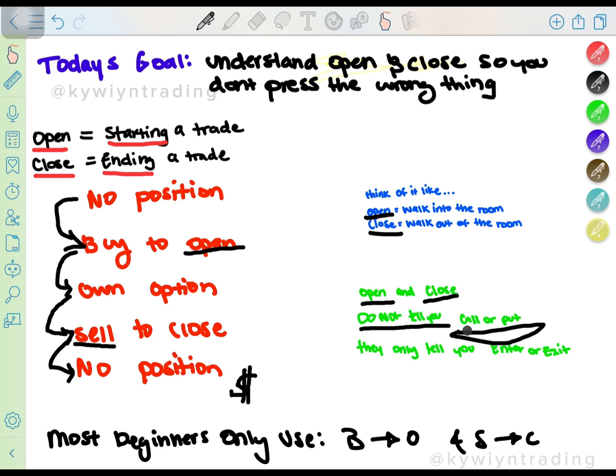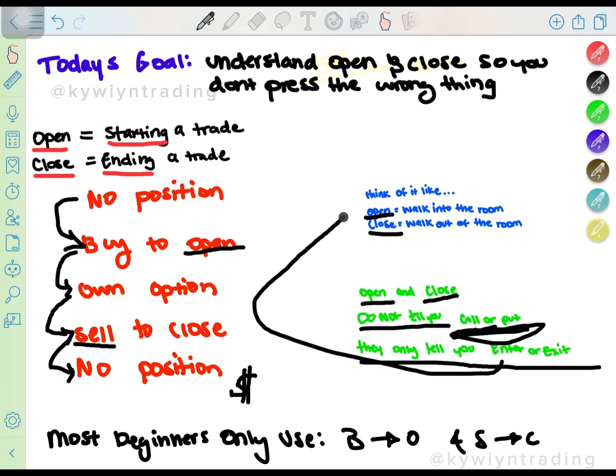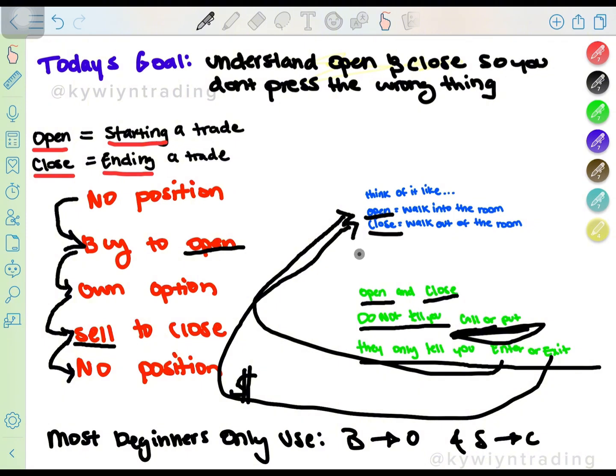They don't tell you call or put. They don't tell you what direction you want to be in. They only tell you enter or exit. Entering is your open. You're entering into a trade, or you're entering into that room. When you want to exit, literally the same thing. You are getting out, or you're closing, and you're walking out of that room.